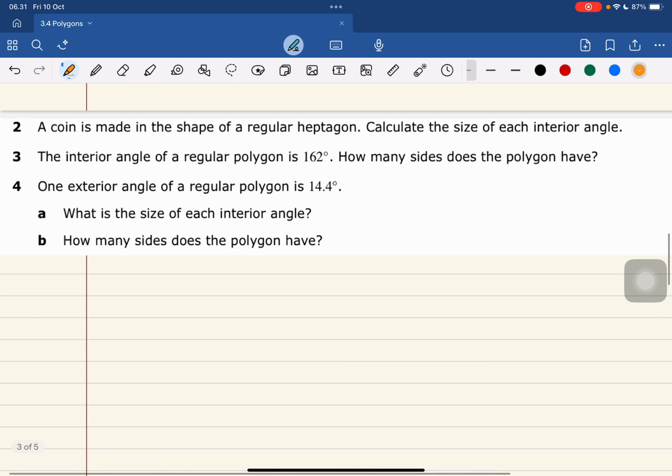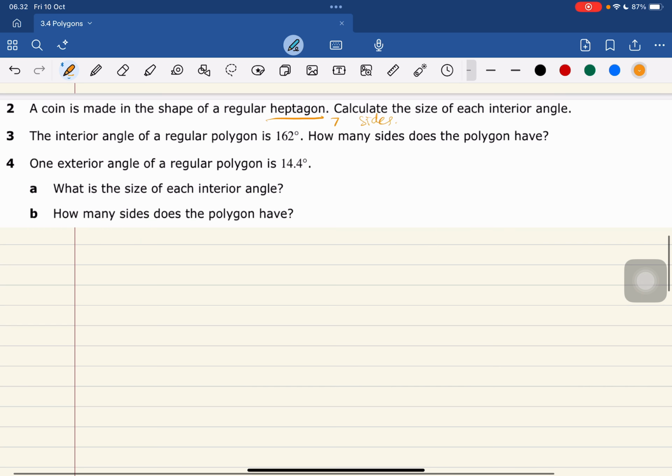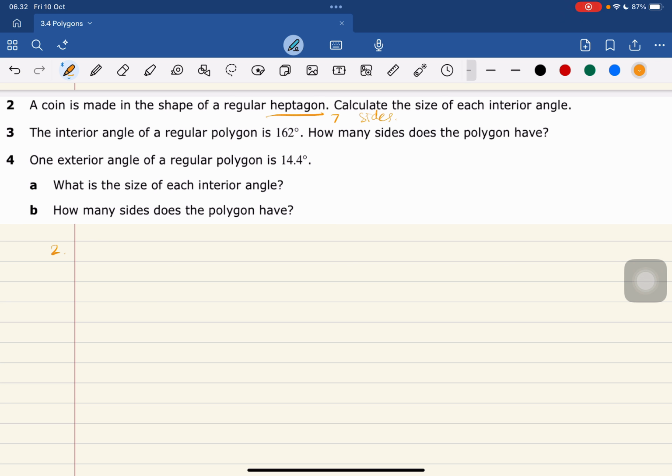Next, a coin made in the shape of a regular heptagon. What is a heptagon? It has 7 sides. Calculate the size of each interior angle. This is number 2, we need to find the sum of interior angles first. So n is 7, minus 2, and then we multiply by 180 degrees.